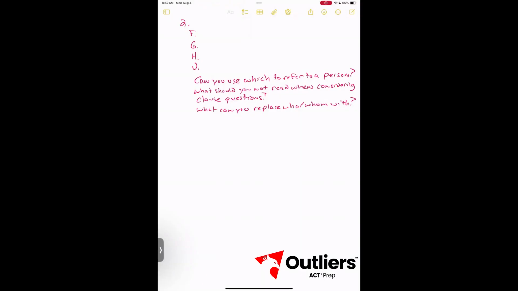So for answer F, we can eliminate answer F because which cannot refer to a person, and the word before it is woman, so we know we're referring to a person. So that answer is gone. G, whom. Let's just replace it with our words to see which word sounds right.